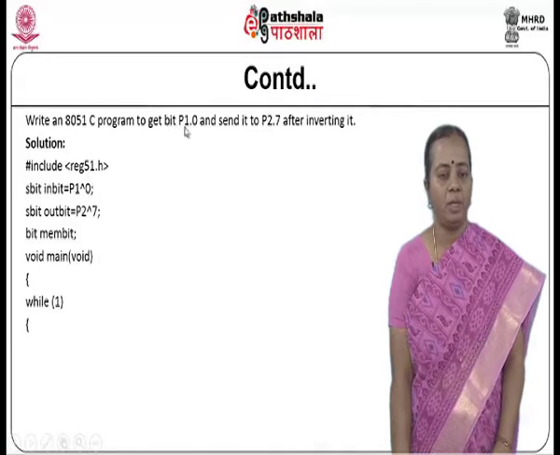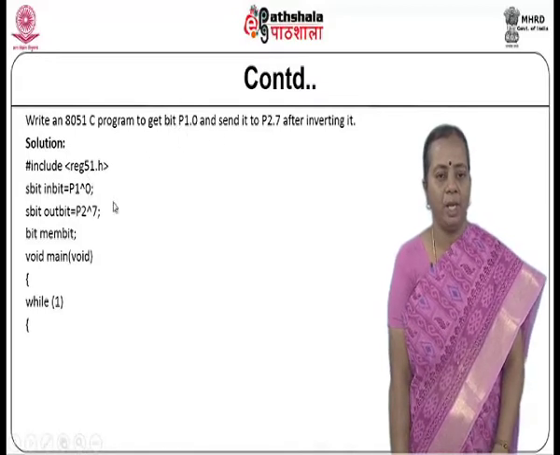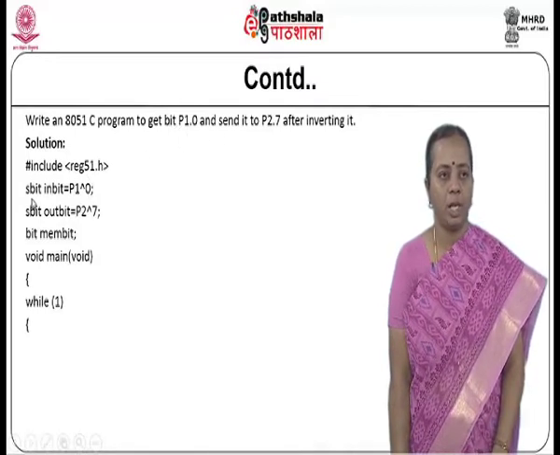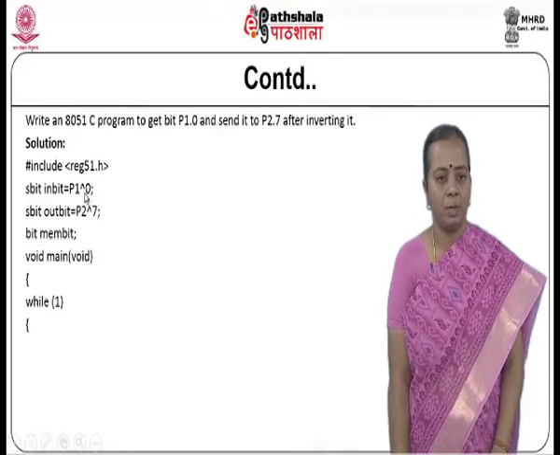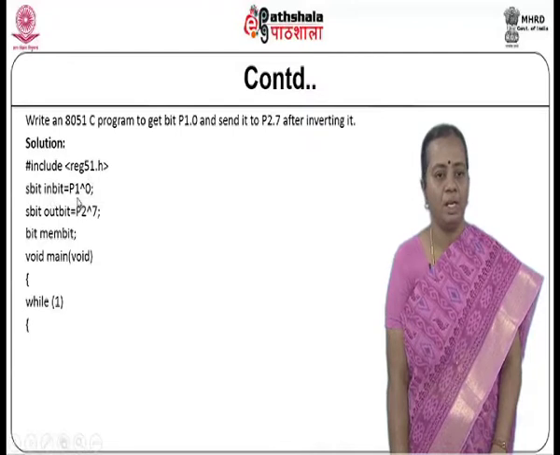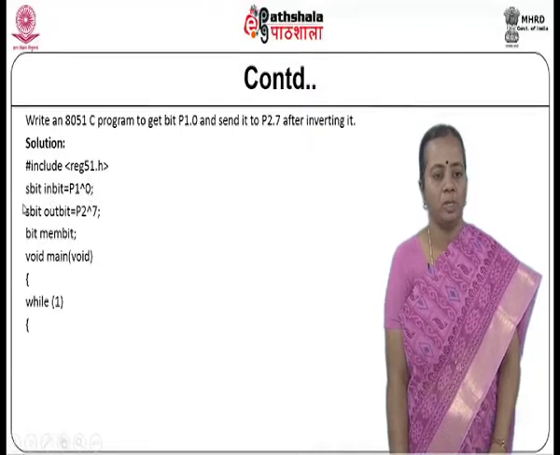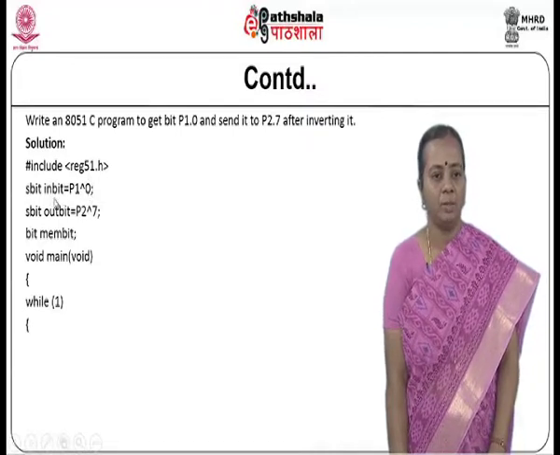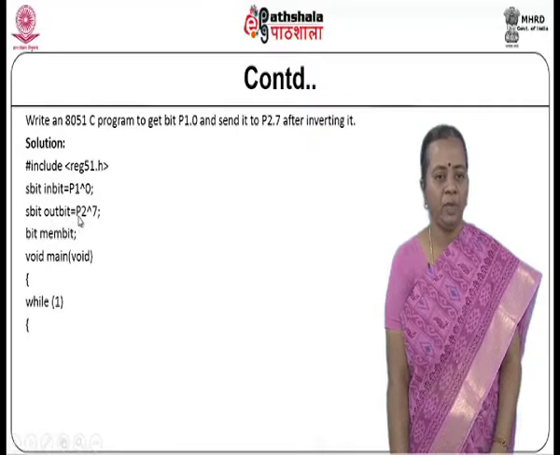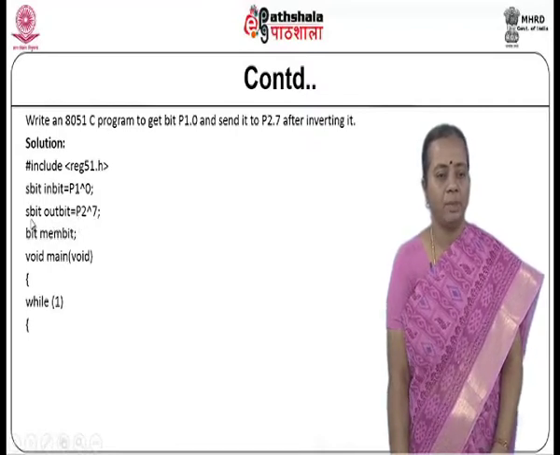While I wanted to access this particular pin, I can declare it as sbit, inbit is equal to P1^0, which says that P1.0 is taken as given with the name inbit, and it is of the data type sbit. That is the way P2.7 is also given as outbit, and it is of type special function register bit. So, sbit is the keyword with which these two are declared.